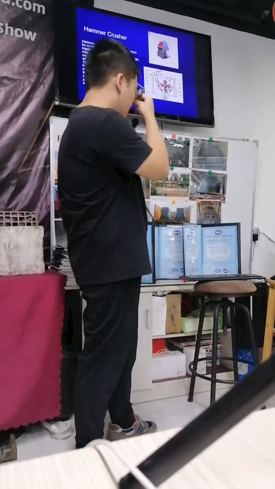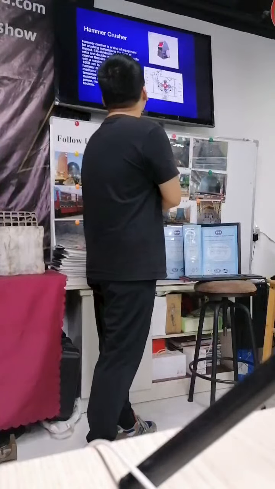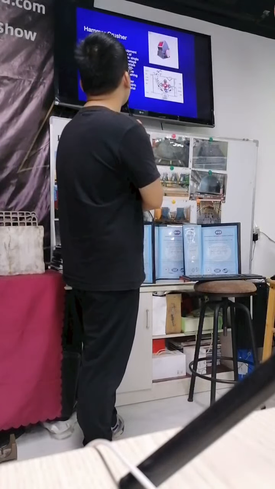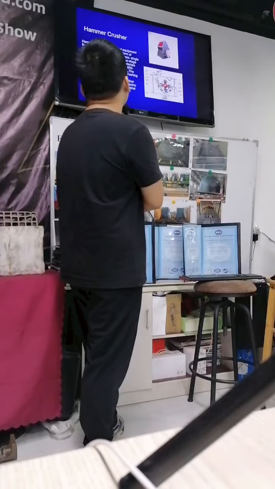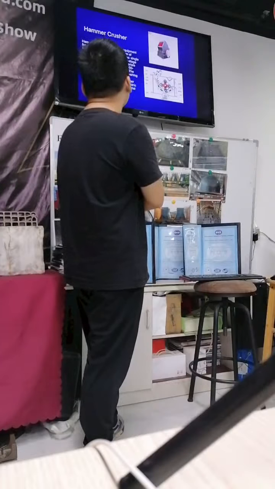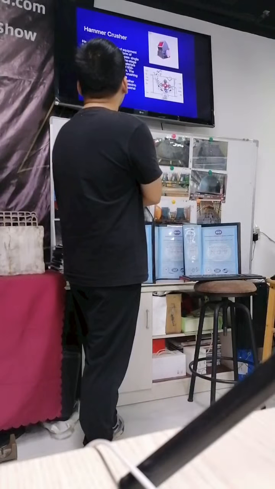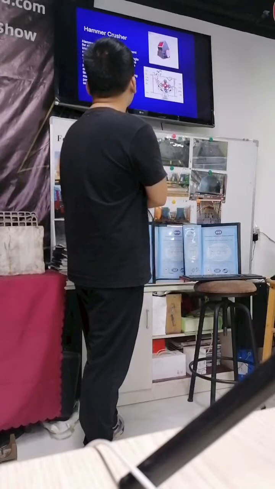And the next is our hammer crushers. A hammer crusher is a kind of equipment for crushing materials in the form of impact. It is divided into two types: single rotor and double rotor.